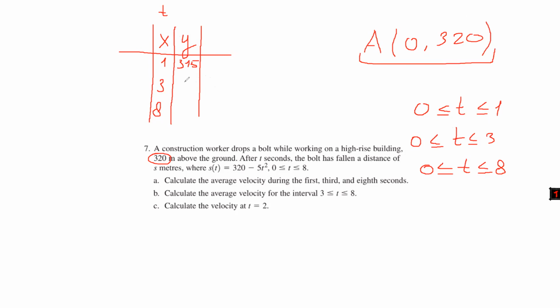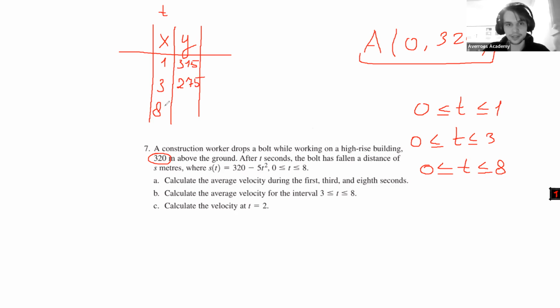In the same way, what would be the second point when x is equal to 3? Nine times 5, how much is it? It's 45. So 320 subtract 45 is 275.